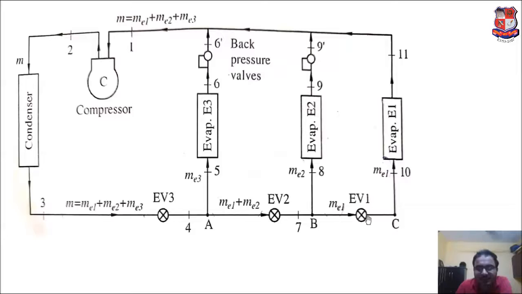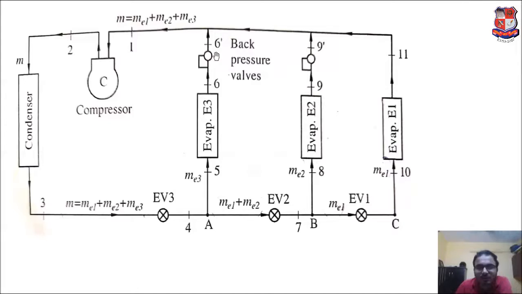And then the remaining liquid refrigerant is taken through evaporator E1. So evaporator E3 is handling liquid refrigerant plus some vapor which is generated in EV3. Evaporator E2 is handling the vapor which is generated in EV2 plus liquid refrigerant, and evaporator 1 is handling the liquid refrigerant.